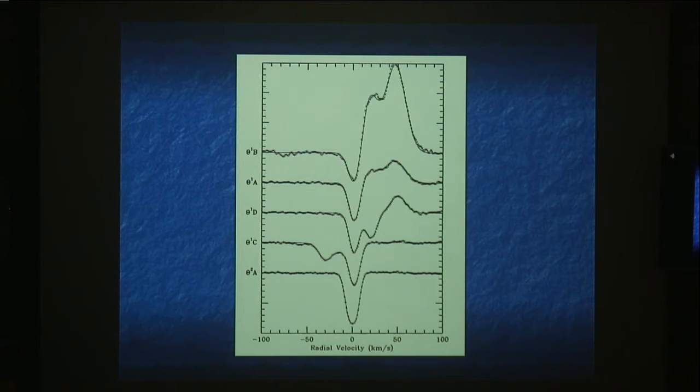And these are heliocentric velocities, so if you're a radial person, shift by 18 kilometers a second. So this told you that there was a layer in front.